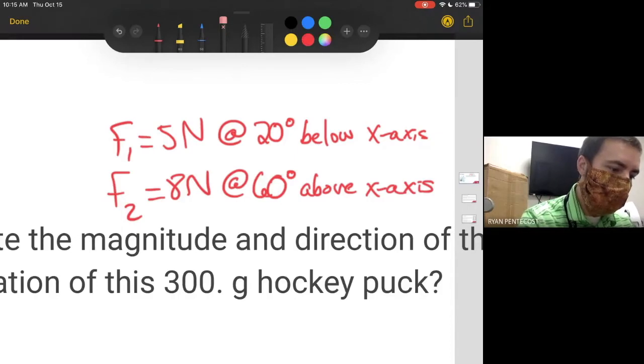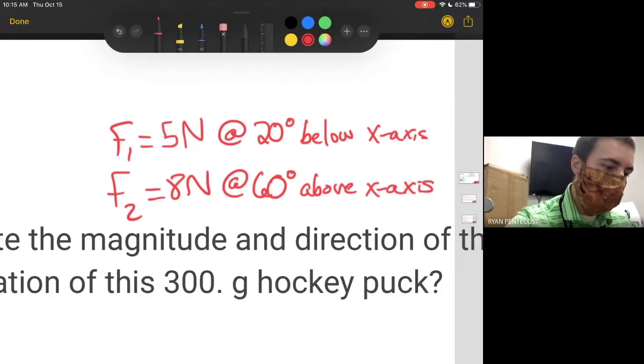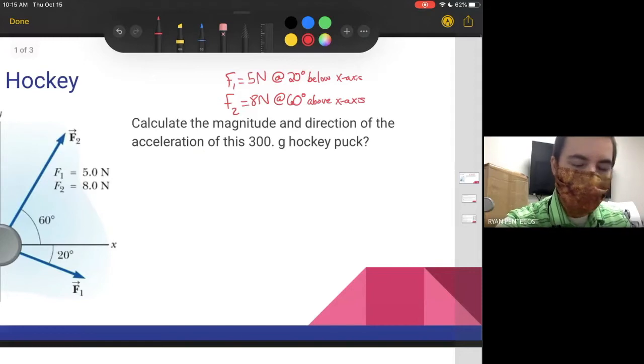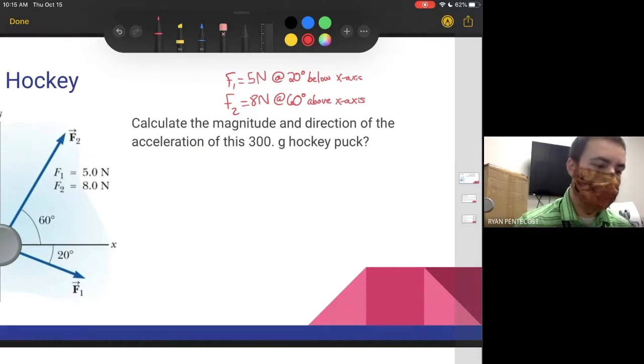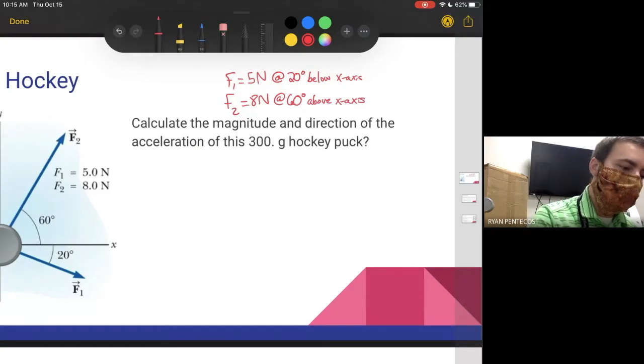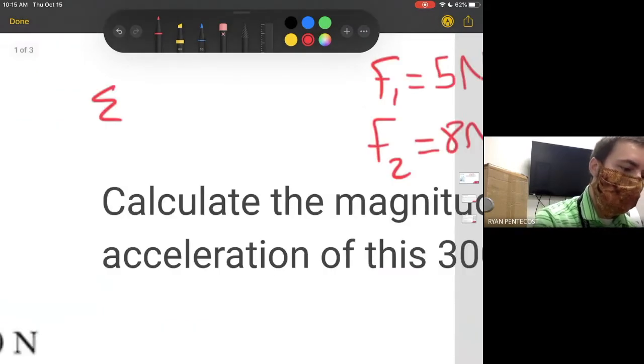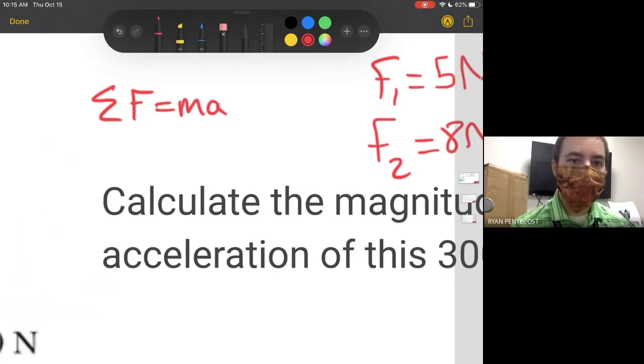Now, what we want to do is look at the magnitude and direction of the acceleration. The direction of the acceleration will have to go in the direction of the unbalanced forces, right? So we want to look at the summation of forces to give us the direction of the acceleration.